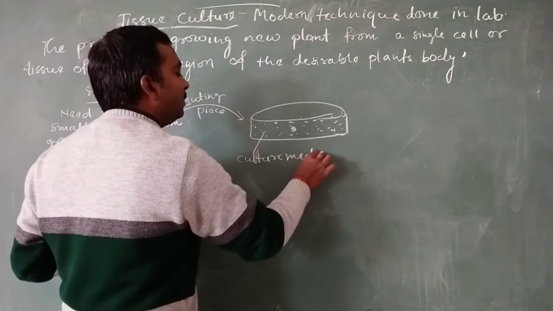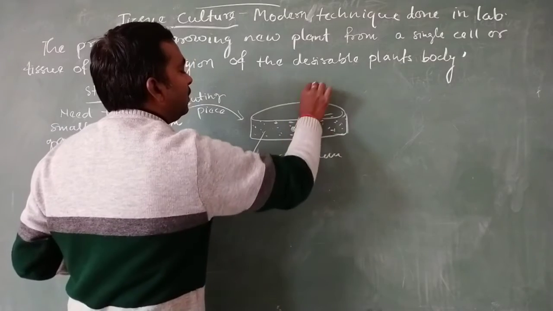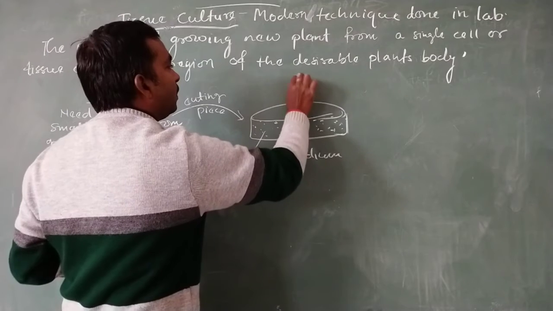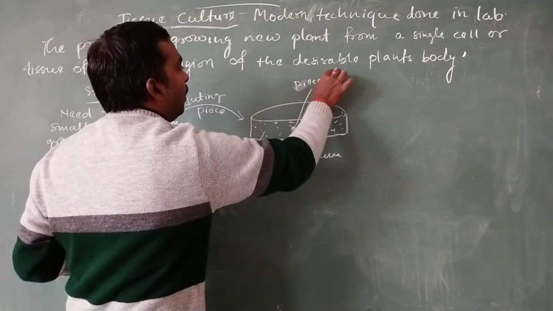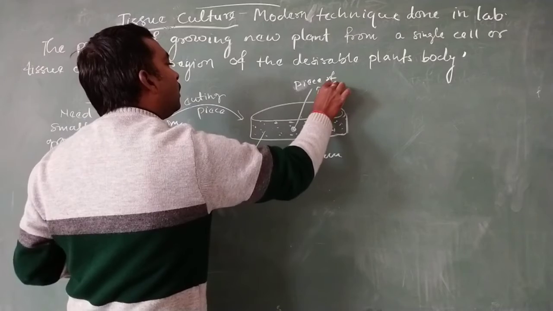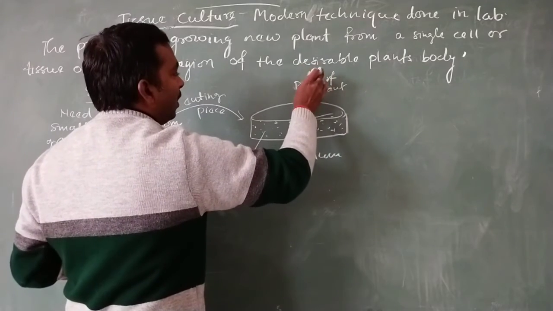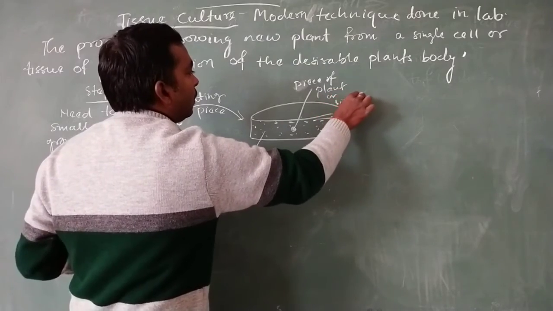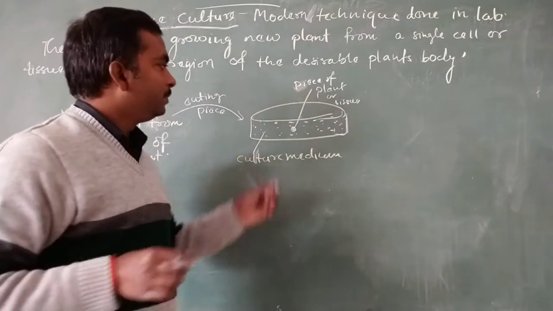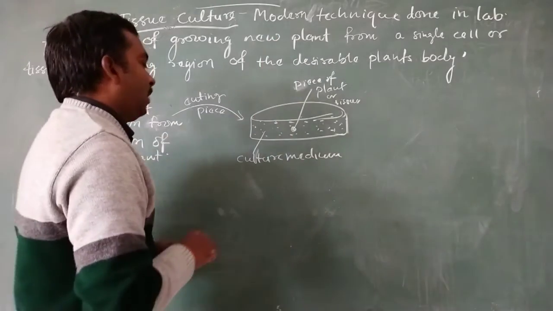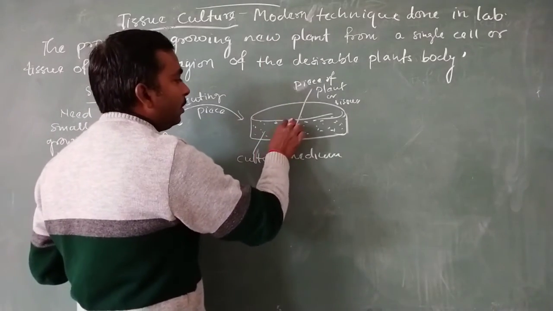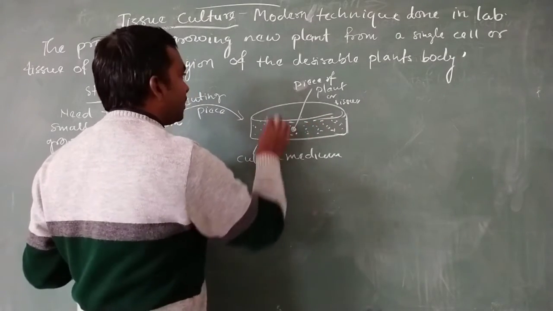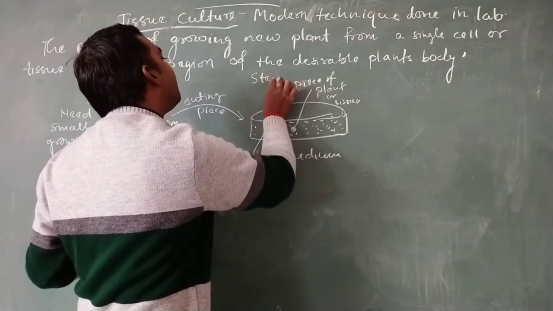This is the culture medium and this is the piece of plant, or cell or tissue of the plant. We take a small tissue from the growing region, and that tissue we need to put in a culture medium.